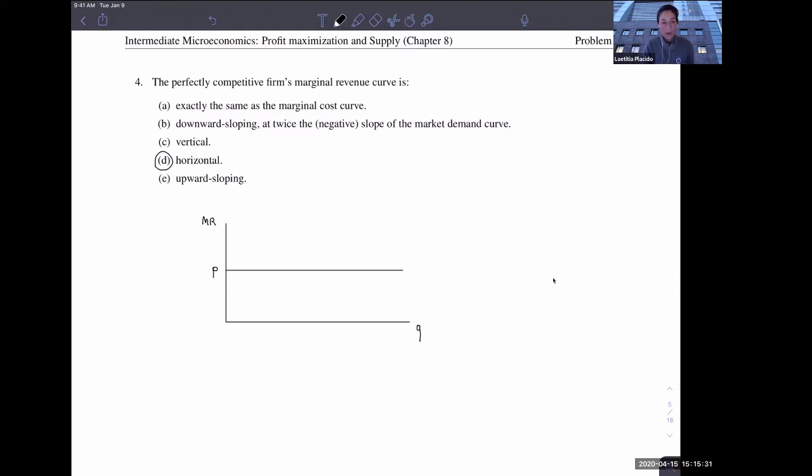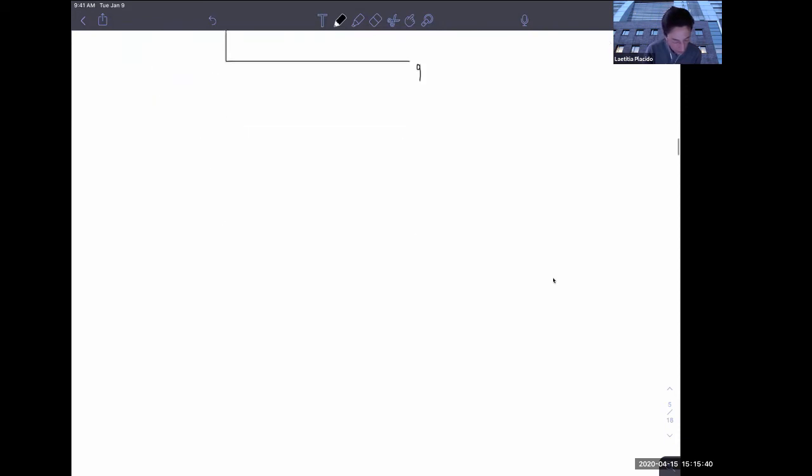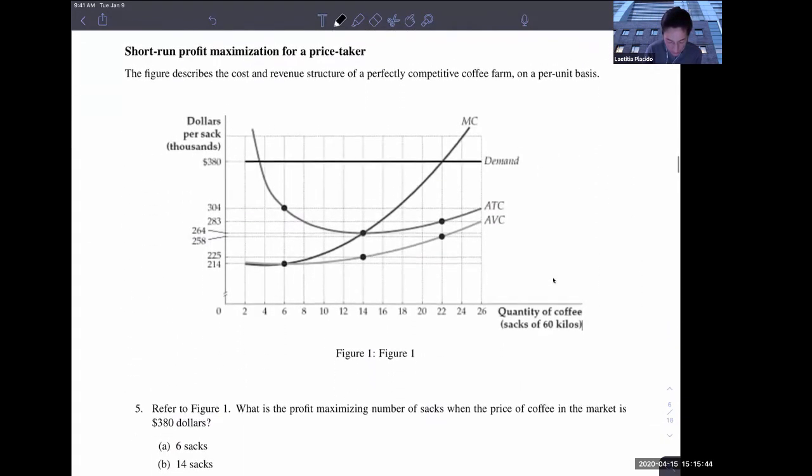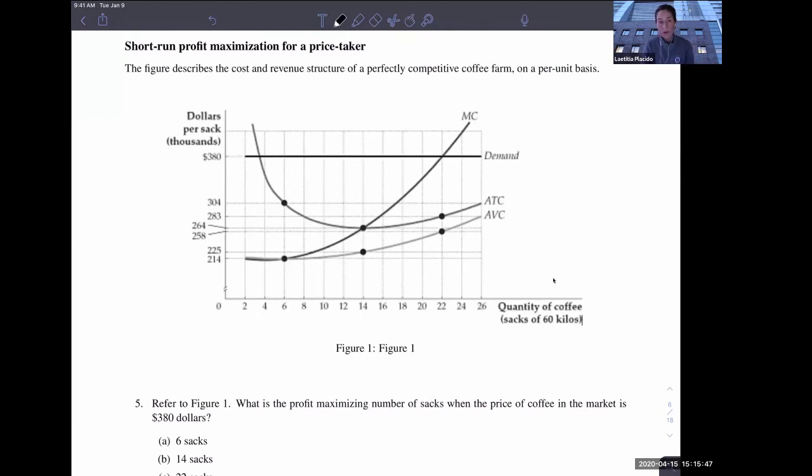So we know profit maximization. We know what is total revenue and marginal revenue for a price-taking firm. Now we're going to move to how to determine the short-run supply for a price-taking firm. First, we are going to determine the location of the profit maximizing quantity when you are given this kind of graph.